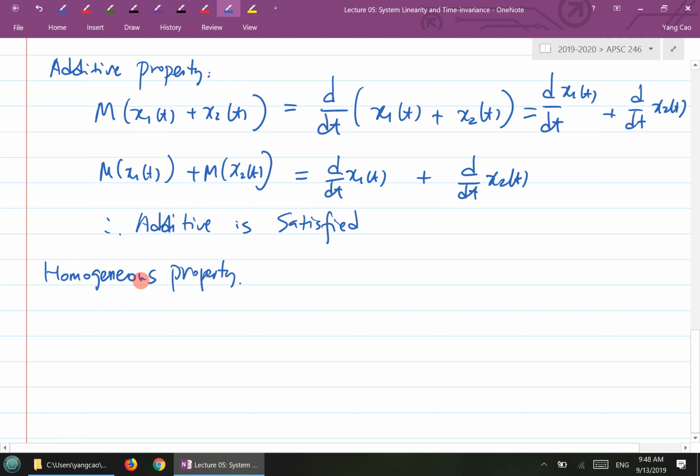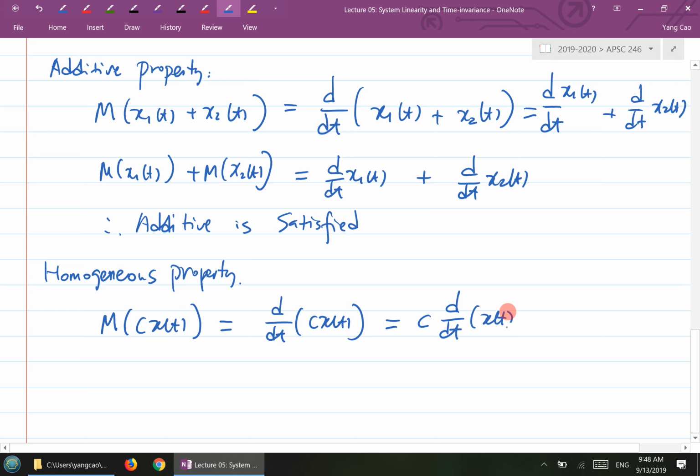Homogeneous. So first we check what this term equals: M of c x of t equals d over dt of c times x of t. That's the differential operator operating on c times x of t. You can take the c out of the differential because it's a constant.